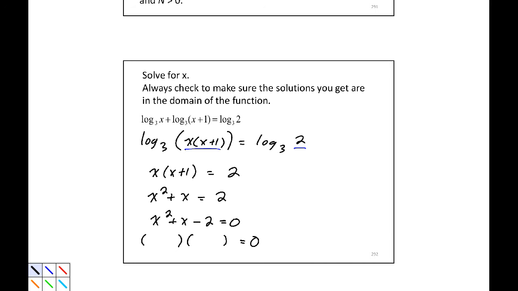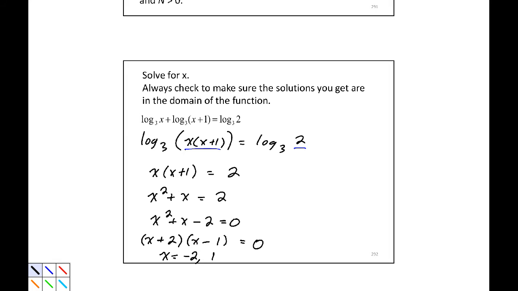Now, my hope is that that factors. Let's see, so we could say x plus 2 and x minus 1. Yes, that'll work. Which tells us that x equals minus 2 or positive 1, respectively.